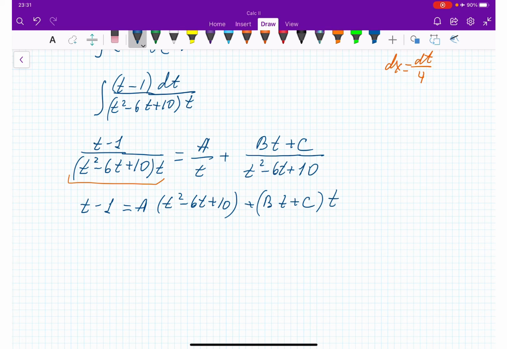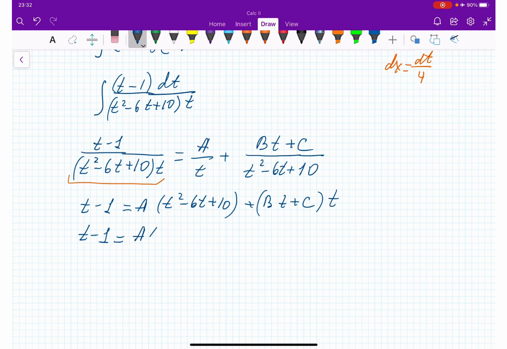If I combine the terms based on degrees, for t squared, I need to also multiply bt plus c times t. Let me go over that one also.